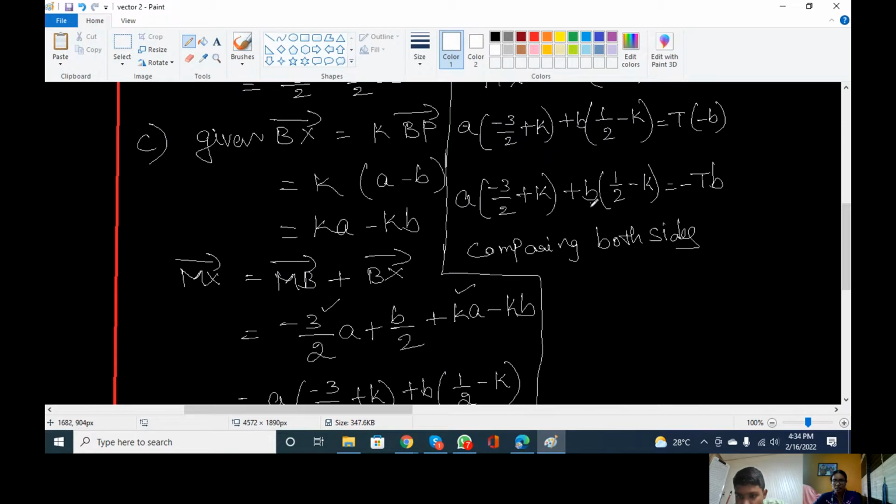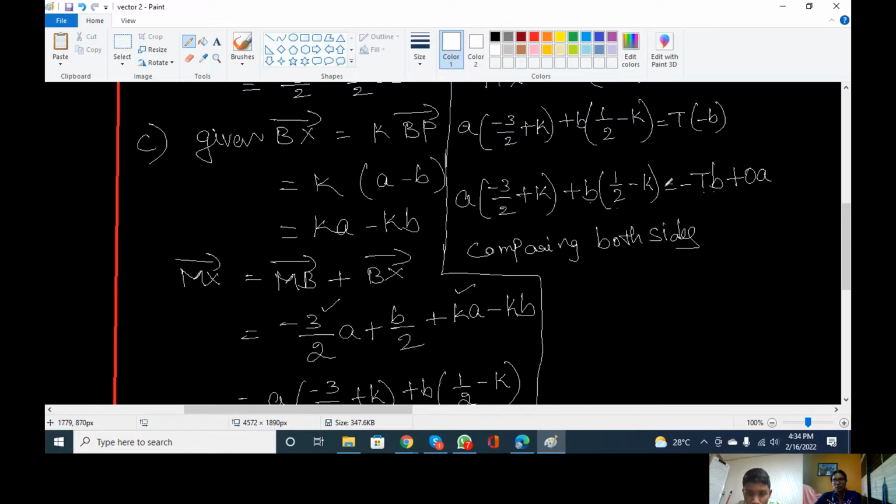This is a b term which has this constant, and here it is a b term which has negative t as a constant. But we don't have an a term to compare here. Here the a term is this and here it is 0a. Nothing is there means 0a. You can imagine, for comparison. So 1 by 2 minus k is equal to negative t if you are comparing both the b's.